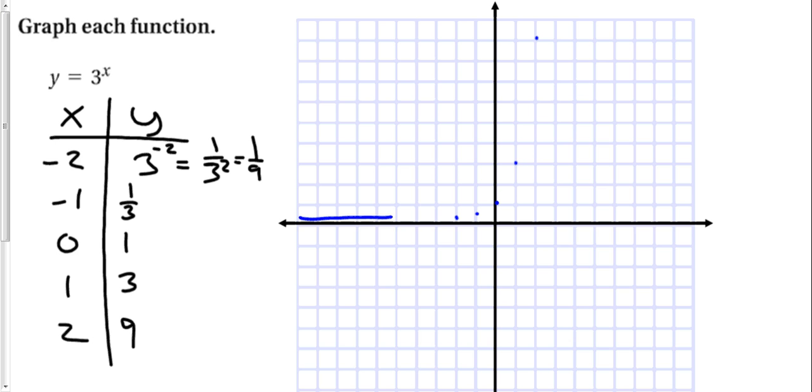It never crosses the x-axis because that is the asymptote. And there's our function. Remember, all exponential functions look something like this. And depending on how complicated your function is, we'll move it around left, right, up, or down, or reflect it.